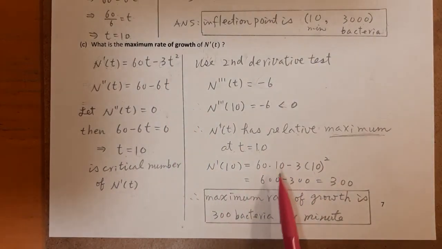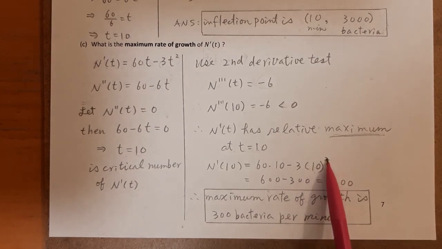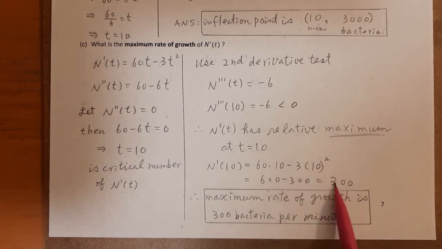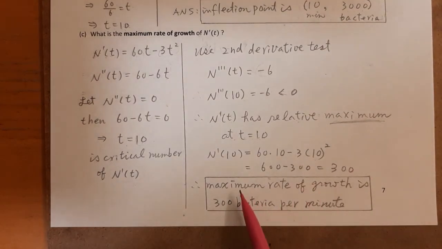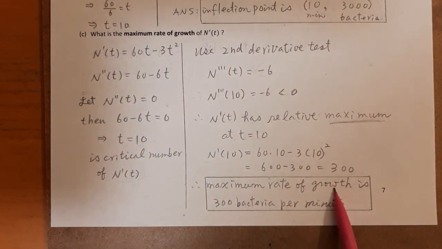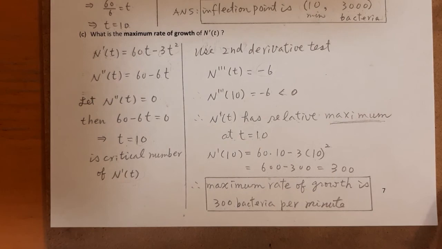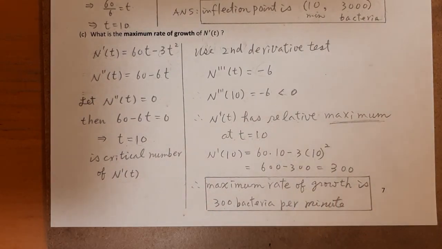So 60 times 10 is 600, minus 3 times 100, which is 300. So you get 300. The maximum rate of growth is 300 bacteria per minute.